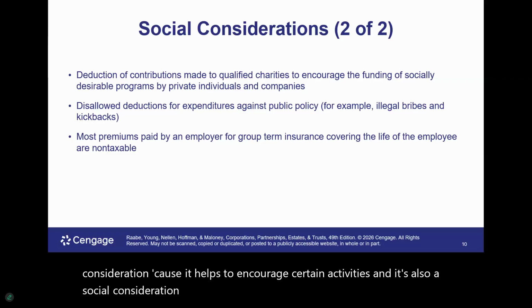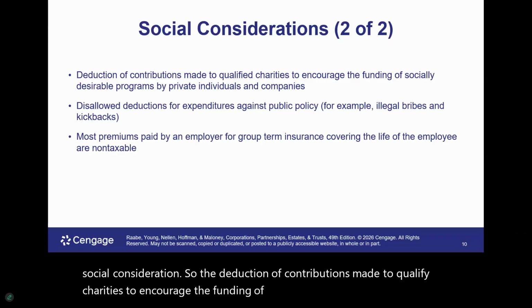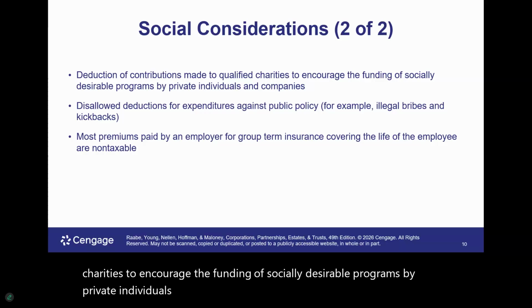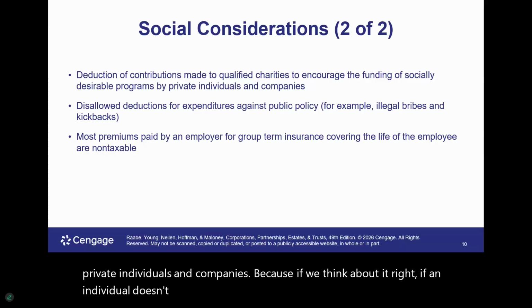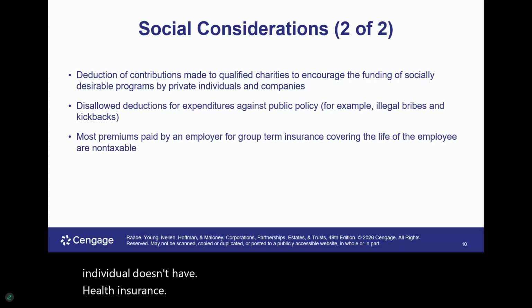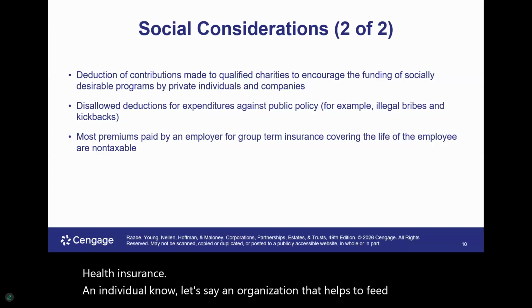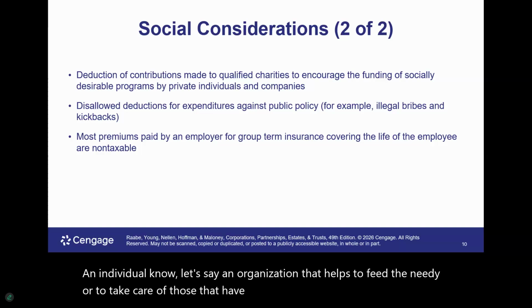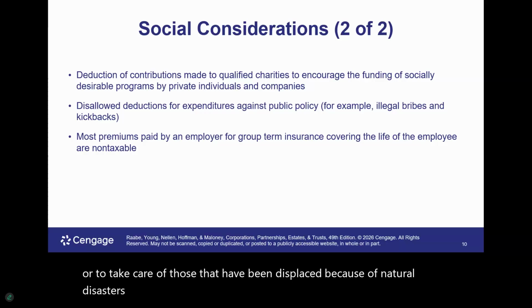So the deduction of contributions made to qualified charities encourages the funding of socially desirable programs by private individuals and companies. Because if we think about it, if an organization helps to feed the needy or to take care of those that have been displaced because of natural disasters, and individuals are not coming together to help those in those types of situations, who does it fall on?